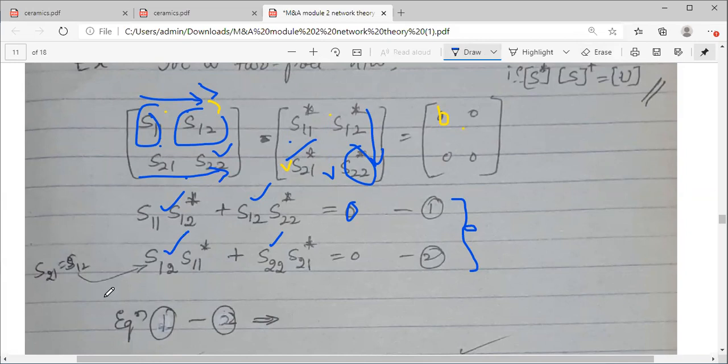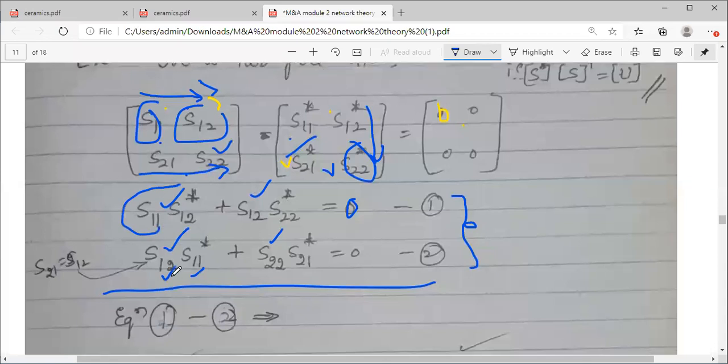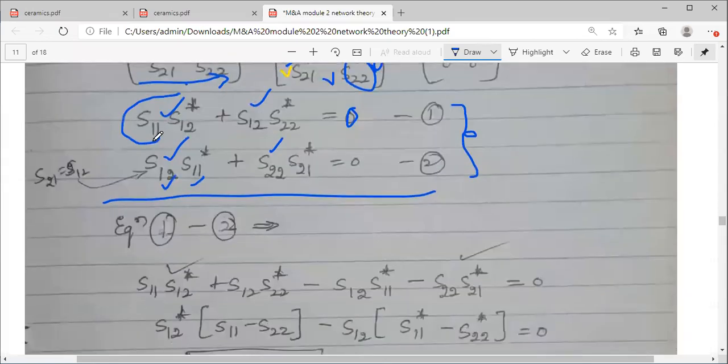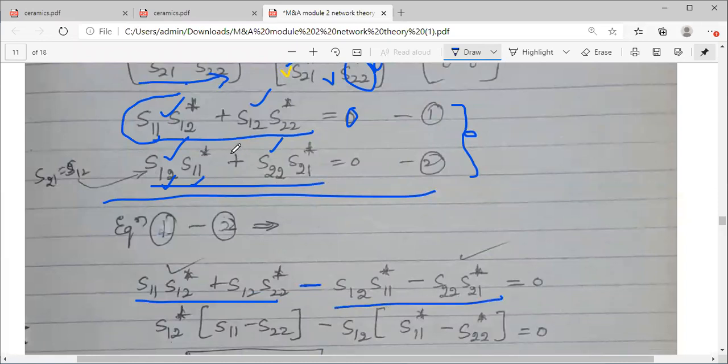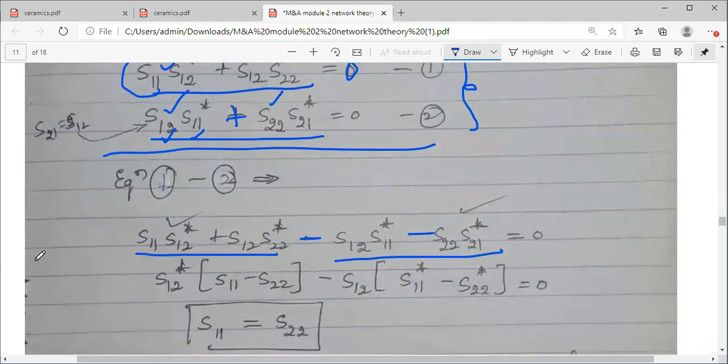So if I take the subtraction of these equations 1 and 2, you can observe S12, S11 star and S12, you can just write it here. I have written here first equation as it is, subtraction, there is a minus sign, second equation as it is, but यहाँ पे plus है, when I'm taking the subtraction this will become minus. Okay, so now I think few things you can take common.